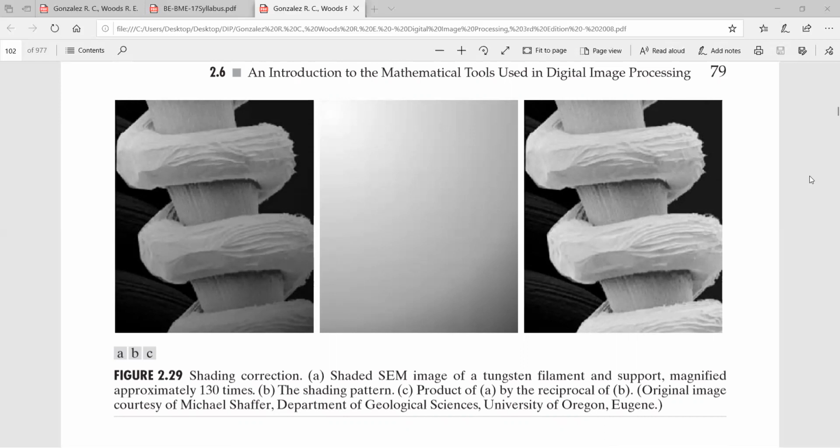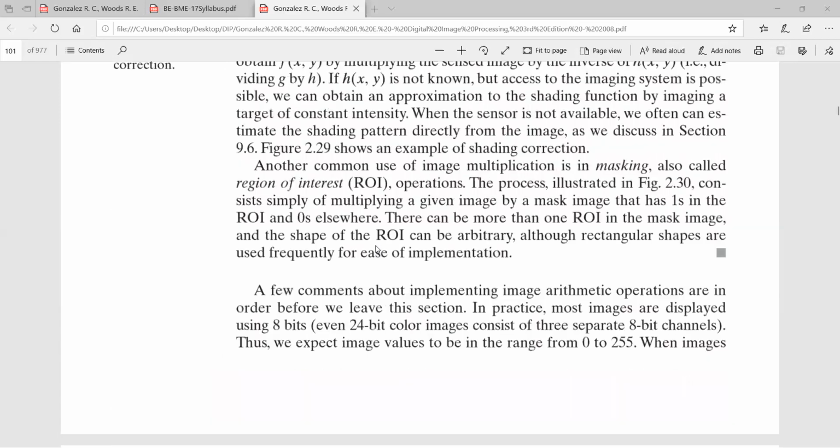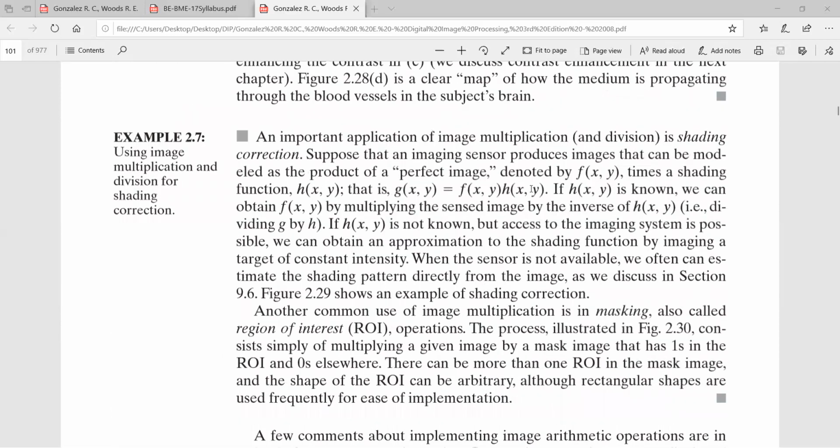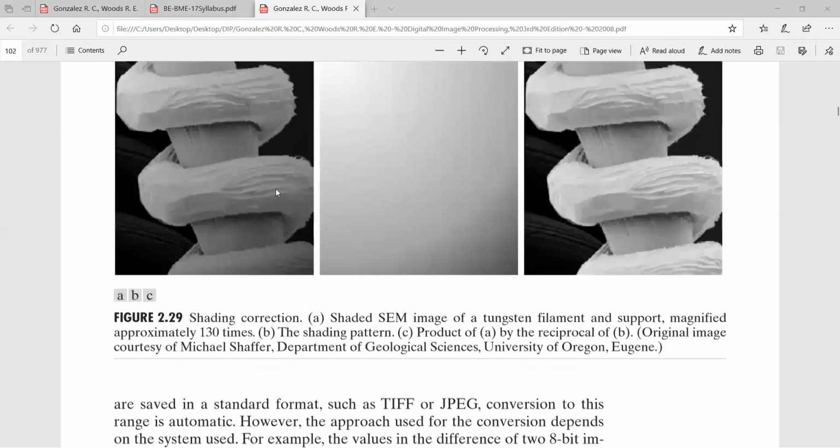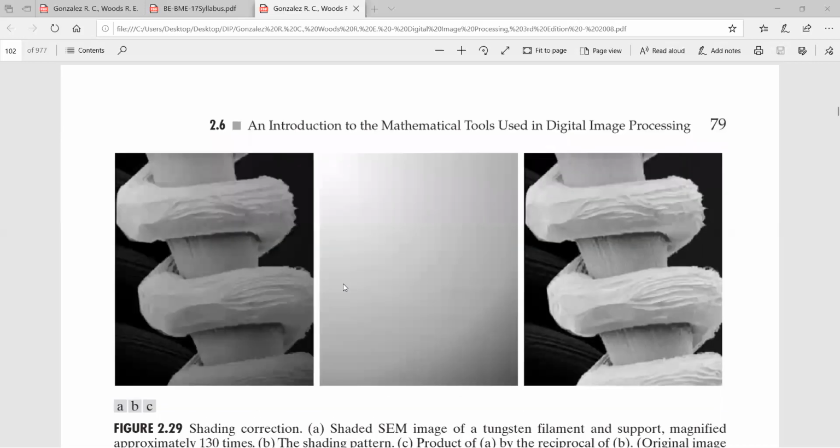C is the product of A multiplied by the reciprocal of B. As we just saw, you know g, you know h, you want to find f, so you divide g by h. Here also, this is g, this is h. You divide this by this, and you get this. You can see how much better this is compared to the original image.